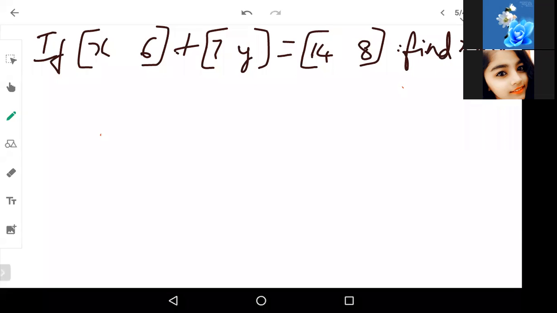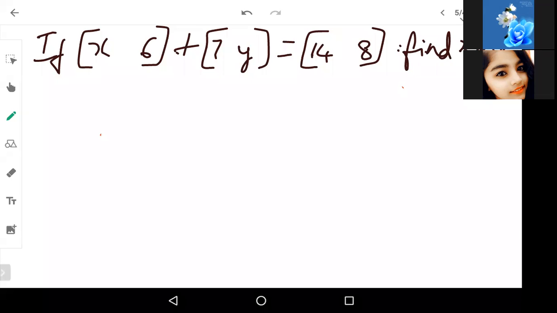X is equal to 8 and y is equal to 1. No, Anusha. Check the answer. X is equal to 7 and y is equal to 2. Correct, Imran. Okay.